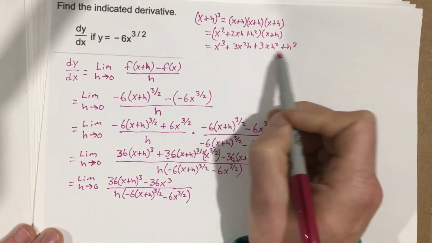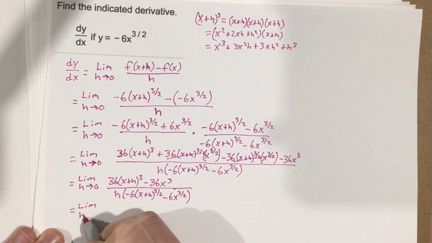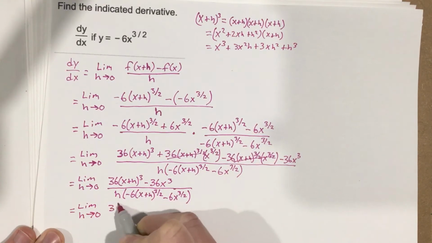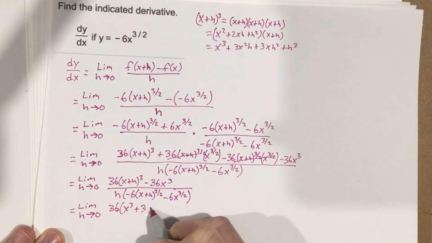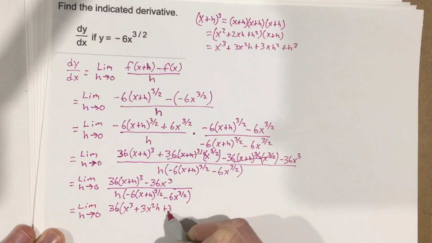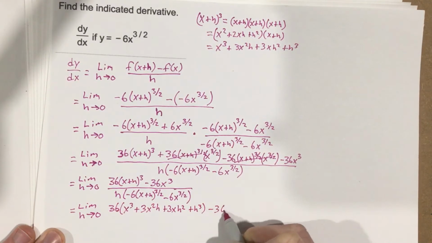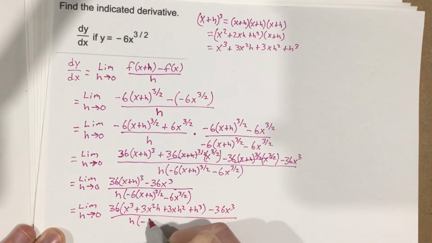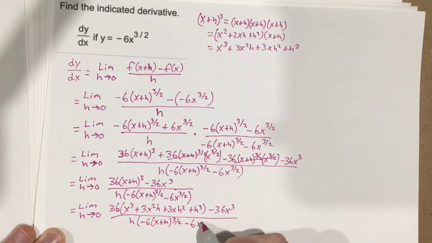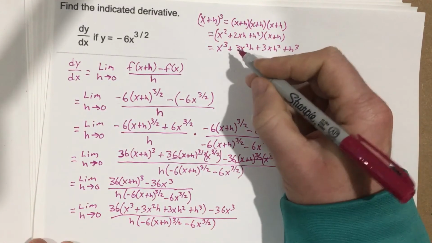So let's go ahead and use this now down here. So we end up with limit as h approaches 0, 36 times x cubed plus 3x squared h plus 3xh squared plus h cubed minus 36x cubed all over h negative 6 x plus h to the 3 halves minus 6x to the 3 halves. All right, let's go ahead and rewrite this up here.